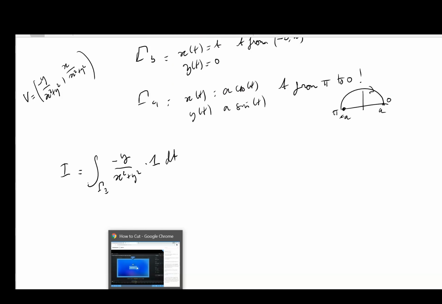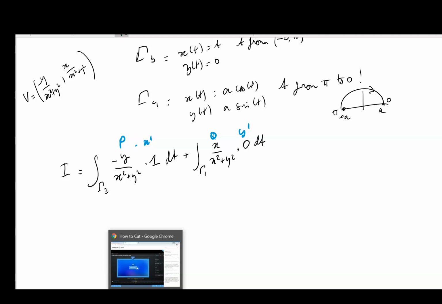And plus, on gamma 1, we will have to write this from x squared plus y squared times 0 dt. So what we have here is actually P x prime plus Q y prime.